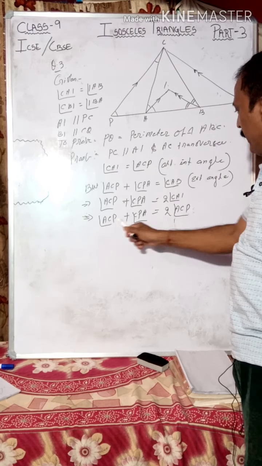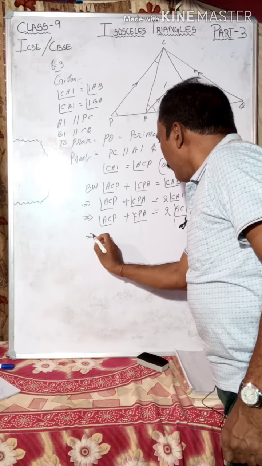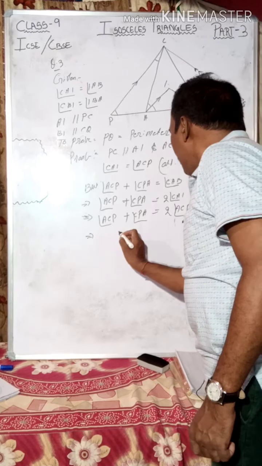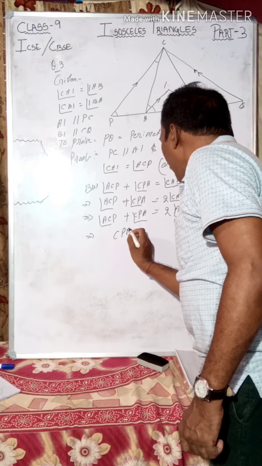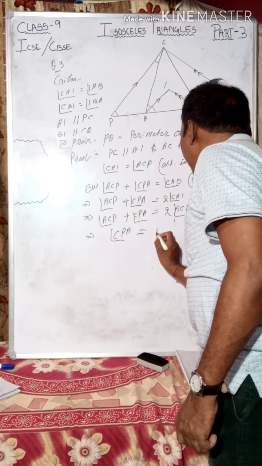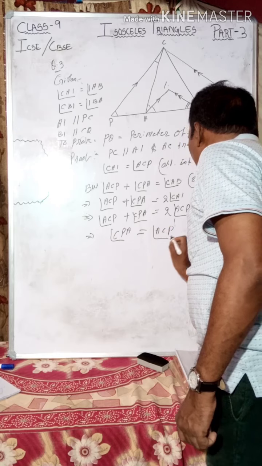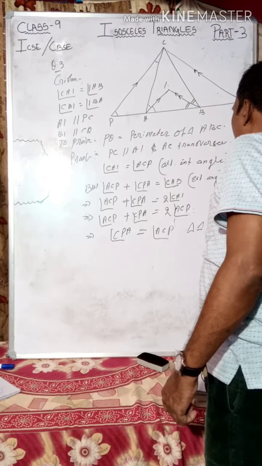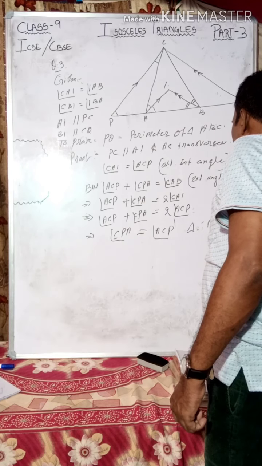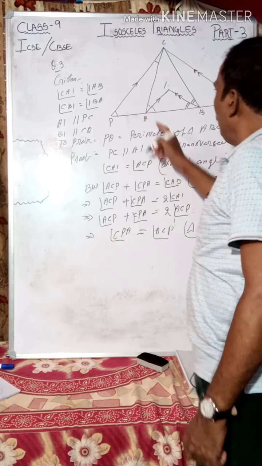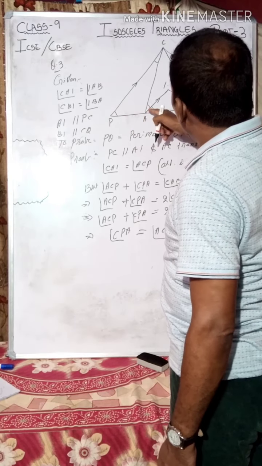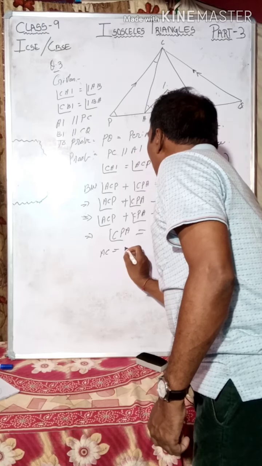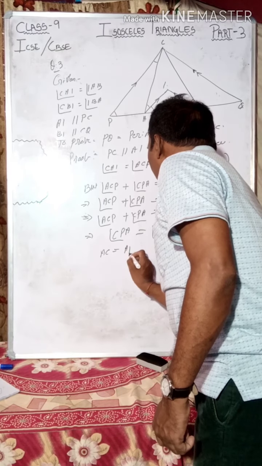So in triangle ACP, angle CPA is equal to angle ACP. So this angle is equal to this angle, so CA is equal to PA. So AC is equal to AP.